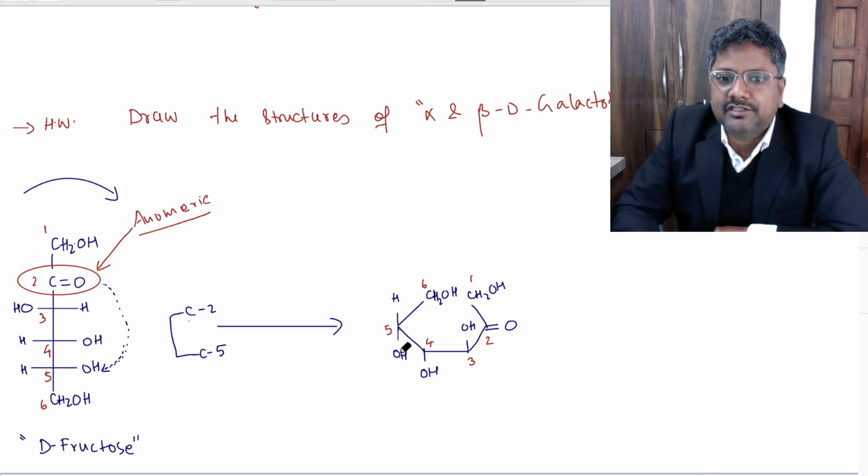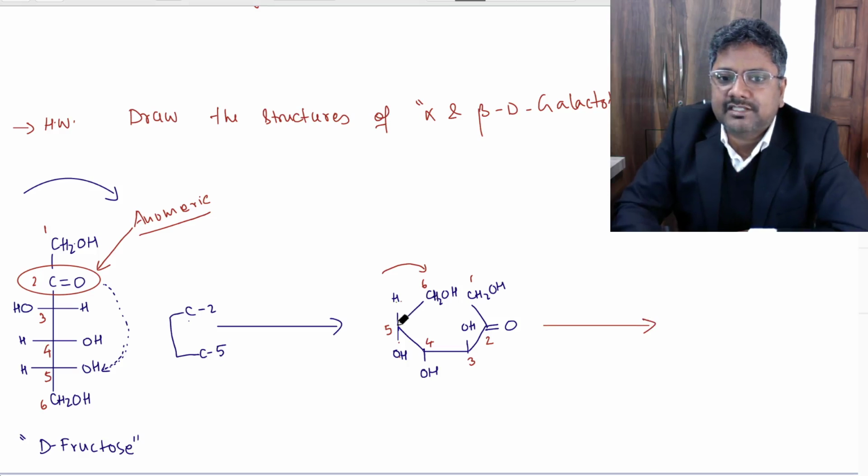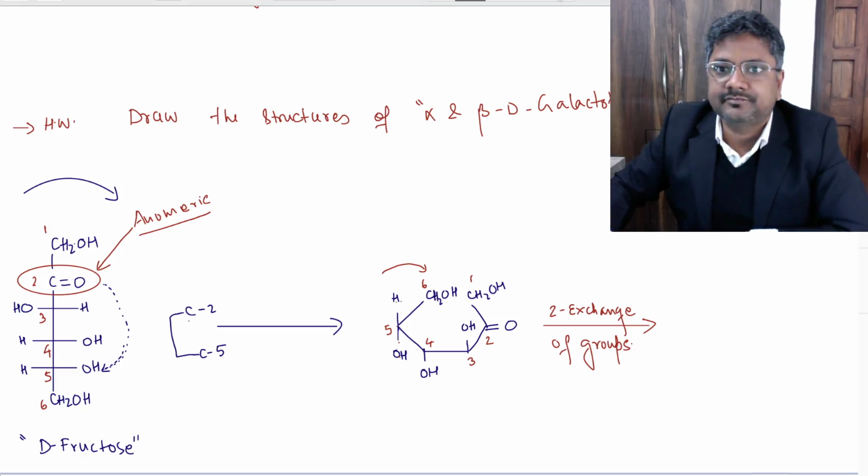So 5 OH is here. You have to bring this OH over here. First you have to exchange this H with CH2OH, and then H with OH. So after 2 exchanges, the configuration of carbon number 5 will remain the same.